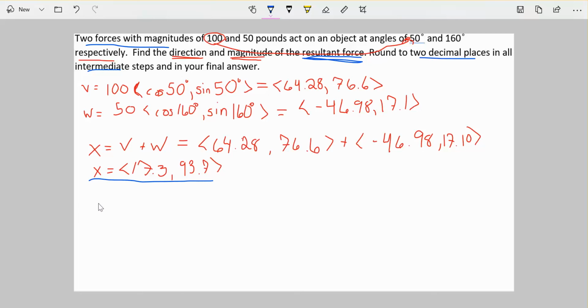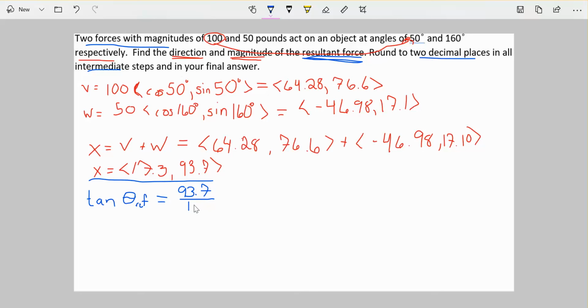To find the direction, remember we just take the tangent of the angle, because the direction we're talking about is the angle. The tangent of that reference angle is equal to the y part over the x part, because remember we always do sine over cosine, y over x.